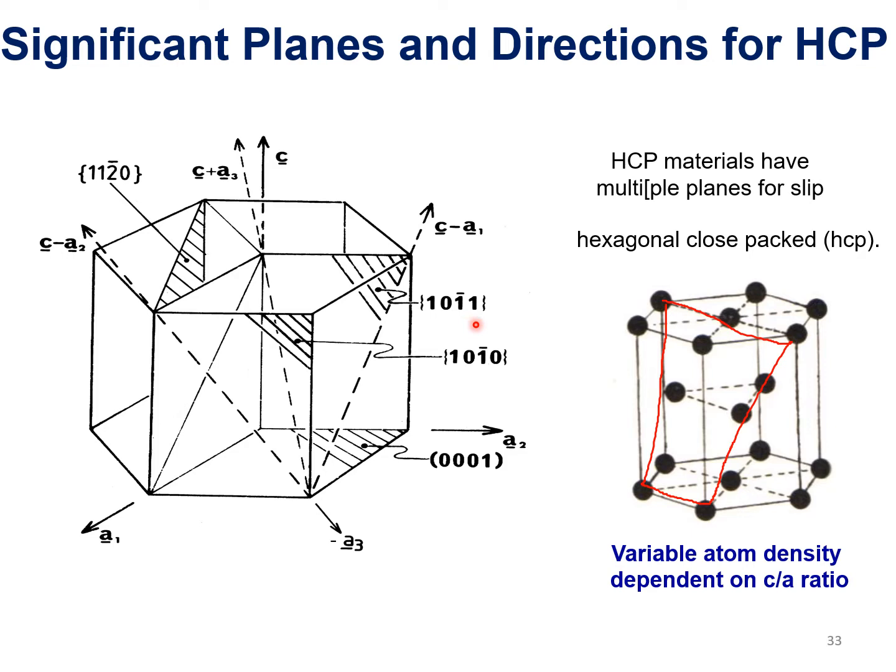That's the only way to get, in terms of slip, a C component in your deformation. It's a C+A3. It's some combination of C and A when I talk about C+A.